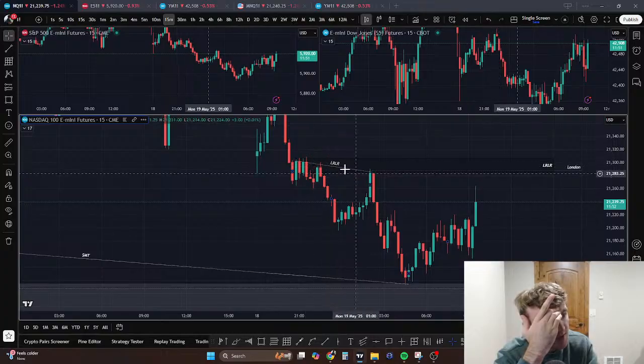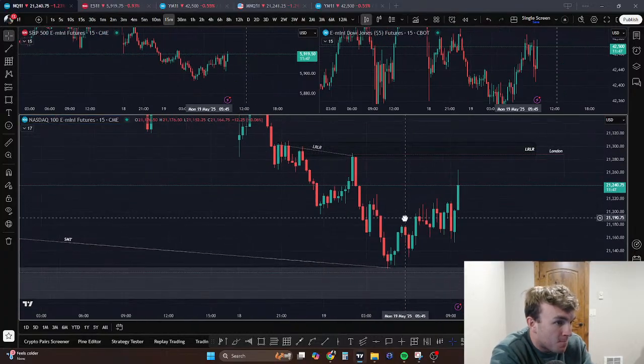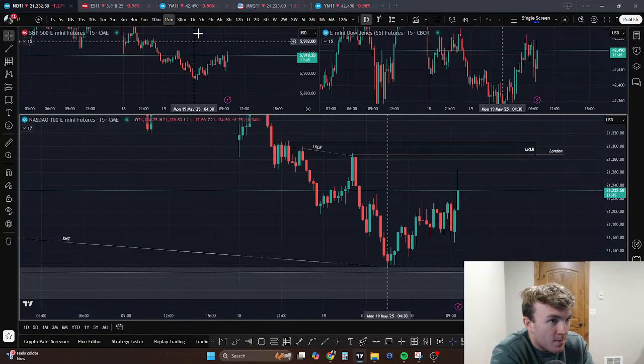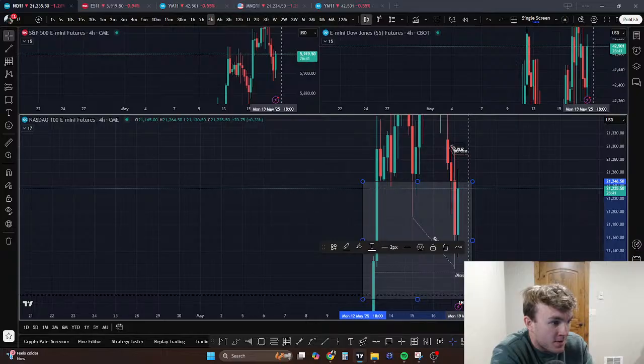We have really good liquidity here. And I mean, we did basically fill this 4-hour gap. So let's just mark this out here.